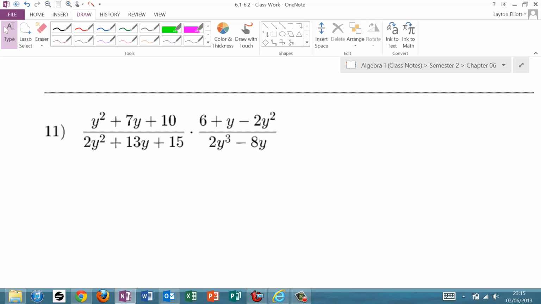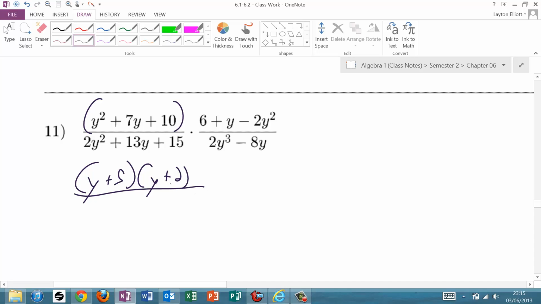Number 11, if I factor this out, I get y plus 5 and y plus 2. If I factor the denominator out, I get a 2y, a y, and then I would want 5 here and 3 there to get me 13, plus and plus.